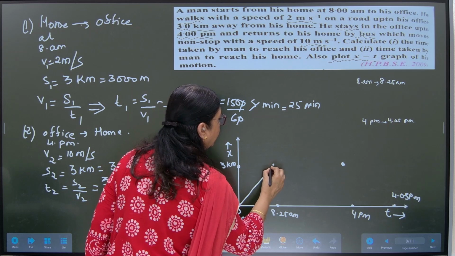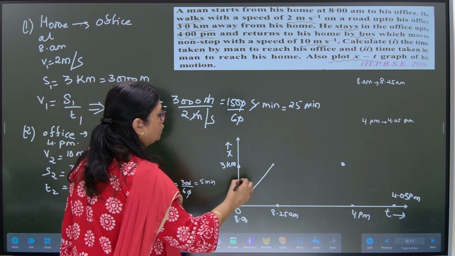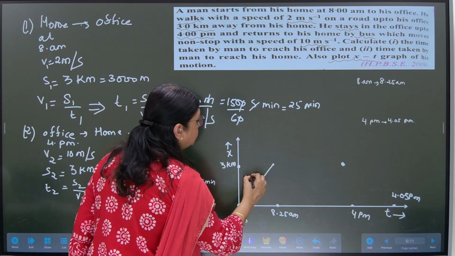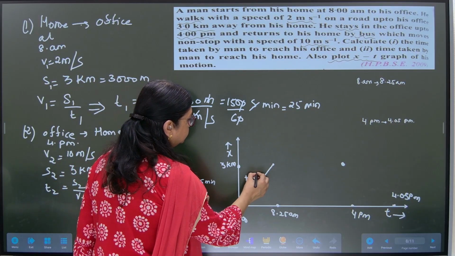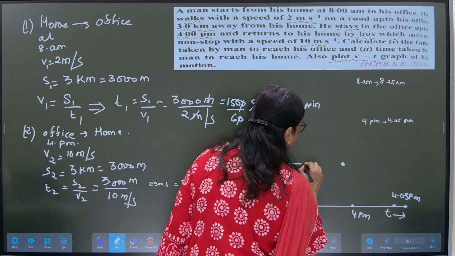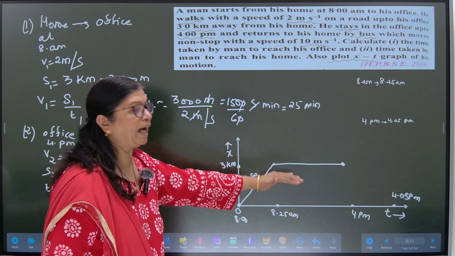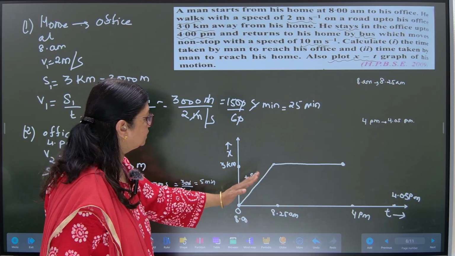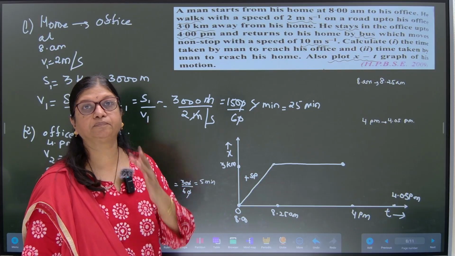A straight line of positive velocity graph I will get. Positive speed or velocity I will get. Now the body is stationary, the man is sitting in the office. So a straight line graph which is parallel to the time axis. This is also a straight line graph inclined to the time axis.